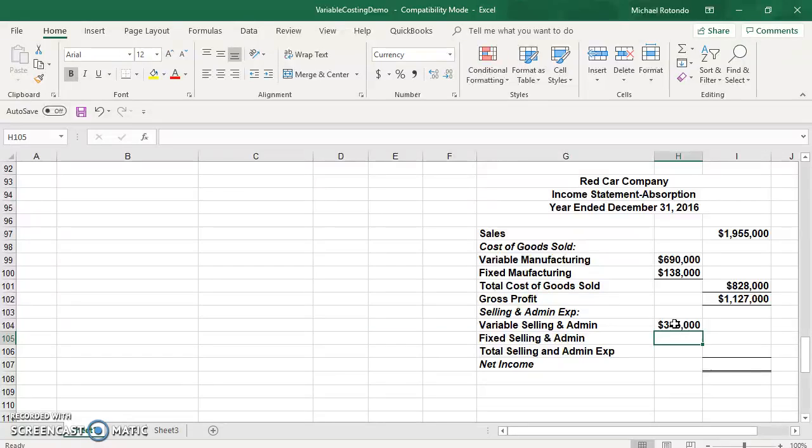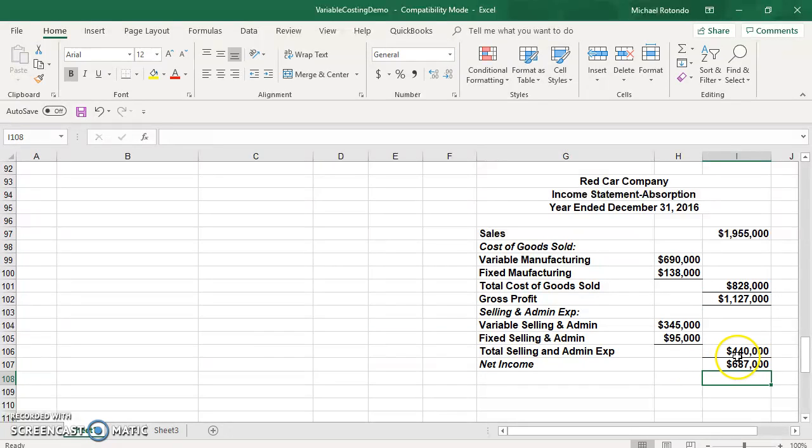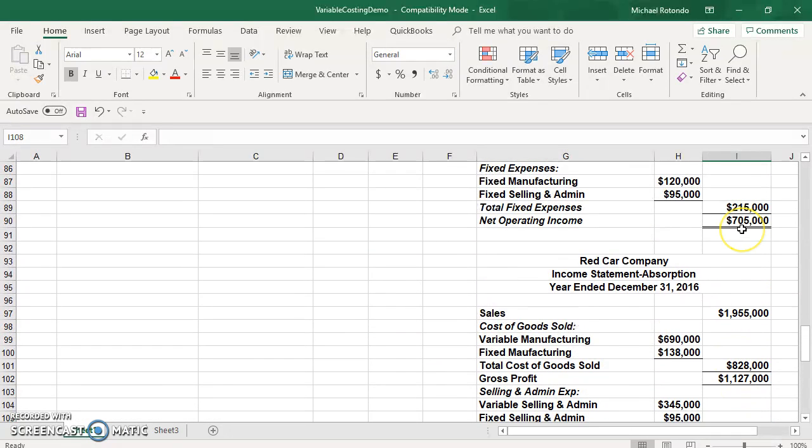Fixed selling and admin is always a period cost, and that's 95,000. Adding them up, we get 440. So let's see what our net income comes out to be. So it's 687. Again, it's less, as we would expect. Okay? Why? Because this is higher.